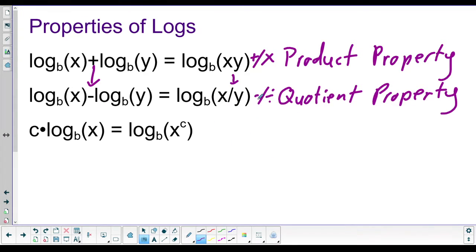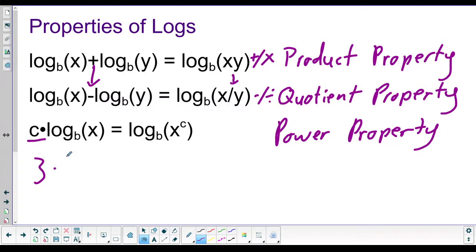And then the last property of logs that we need to know is the power property. The power property just says that if we have a coefficient in front of our log, like 3 times log of 6, you are allowed to take your coefficient and turn it into an exponent on your argument.